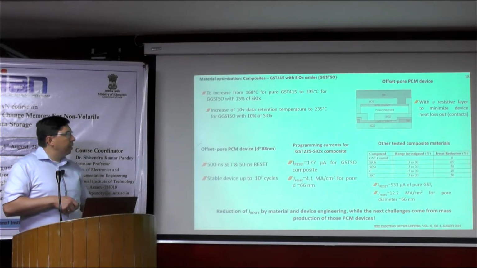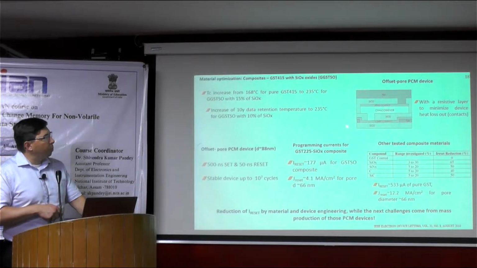Here they made an offset port cell. This is the lower bottom contact, this is the chalcogenide layer, and this is the bottom contact. But they also introduced a resistive layer here to minimize the device heat loss.